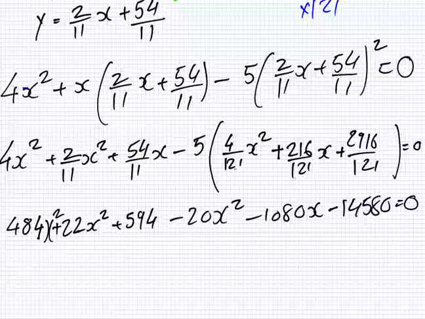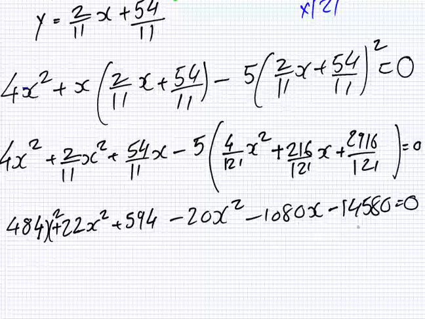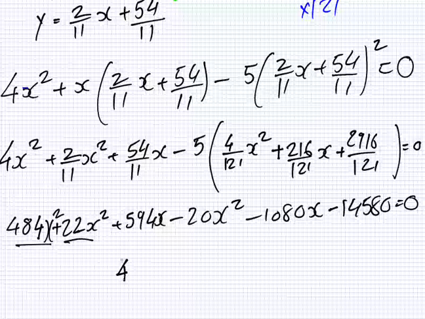The reason is, when you square this, you'll get 121. So if you want to multiply all of these brackets by 121, you can. You don't need to, but this is the number you would need to use.